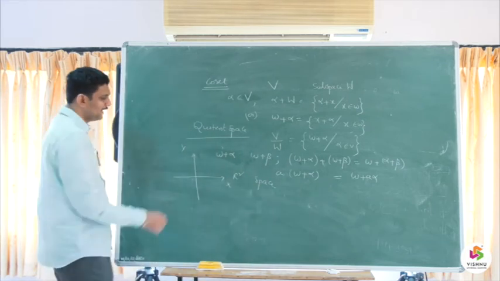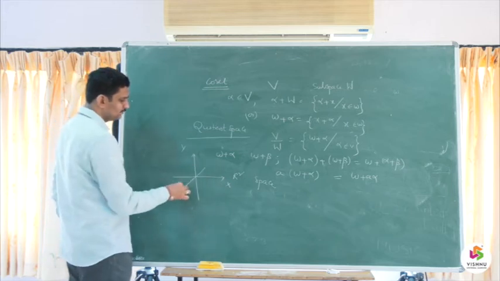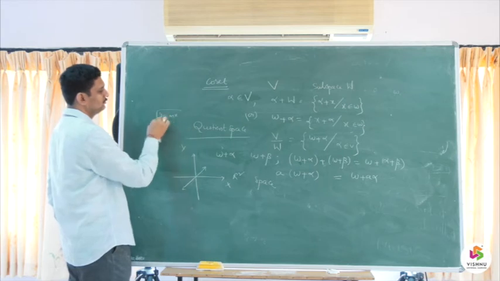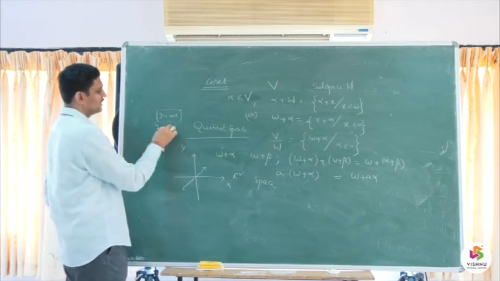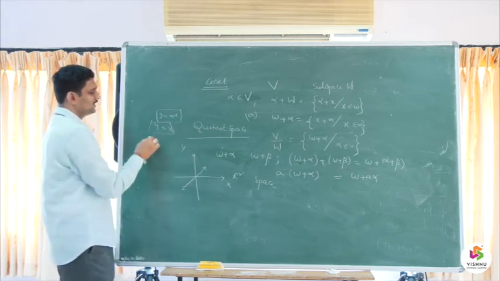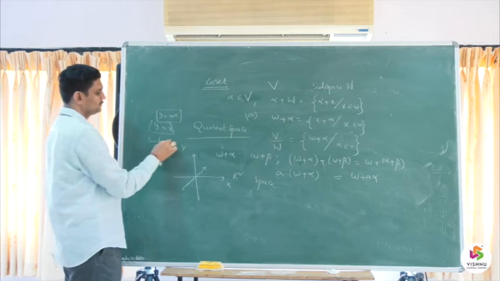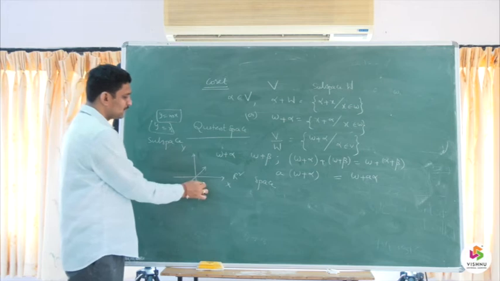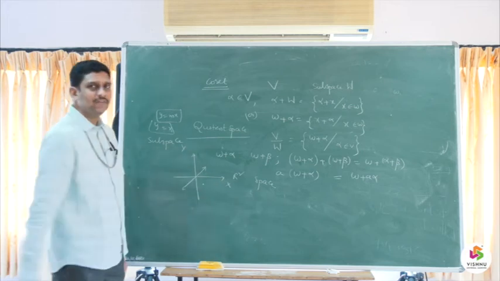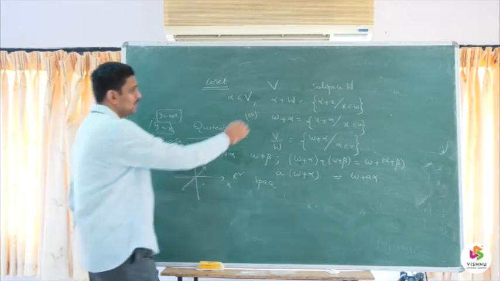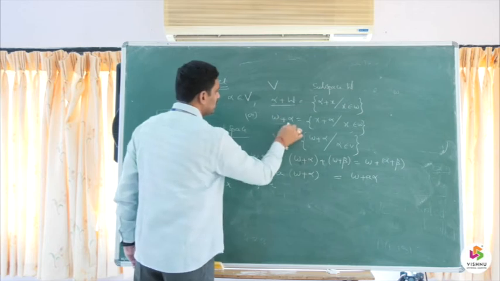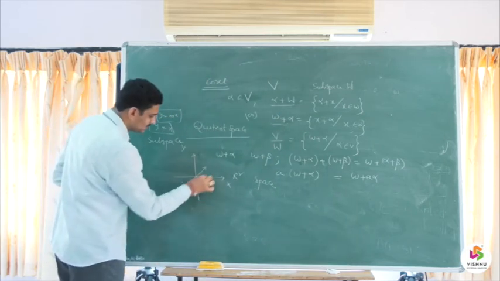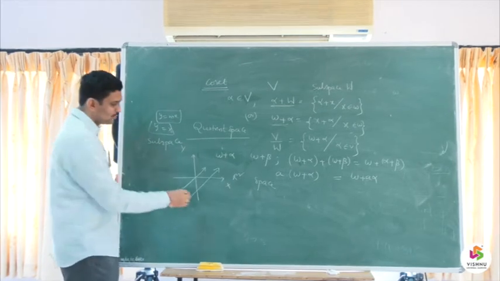If you take any line passing through the origin, say y is equal to mx form, here I have taken y is equal to x, this is a subspace. Now corresponding to a point in the vector space, alpha plus W or W plus alpha is nothing but a line drawn parallel to this. So this is my coset.